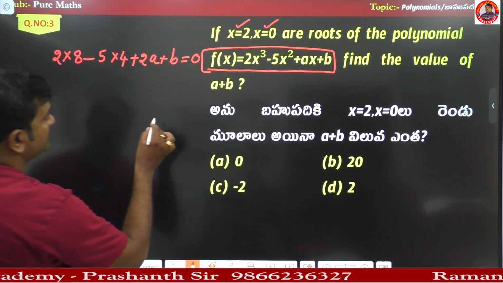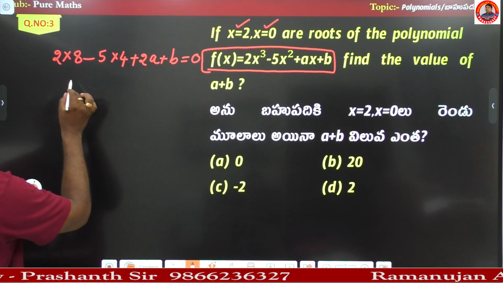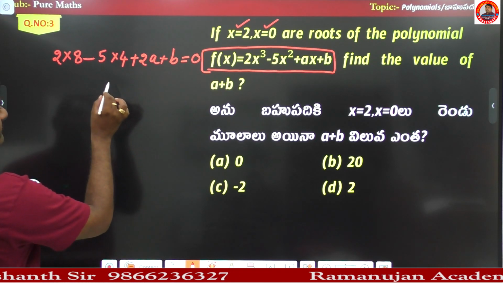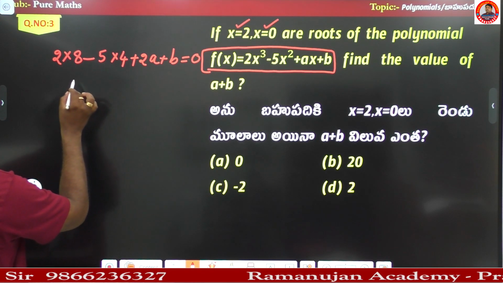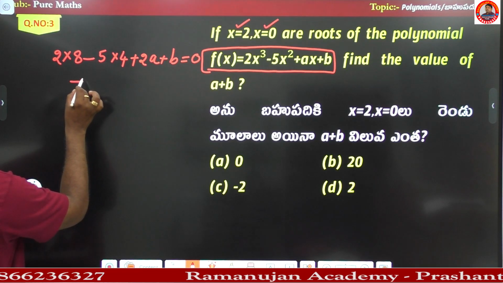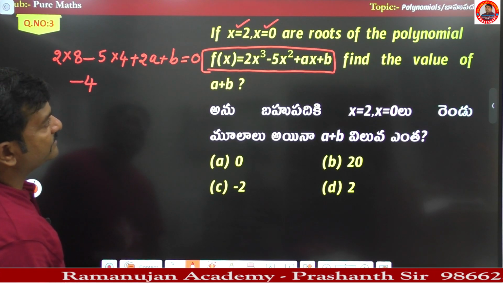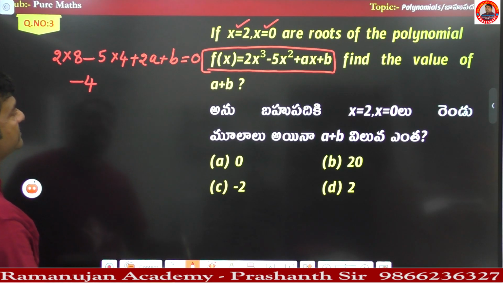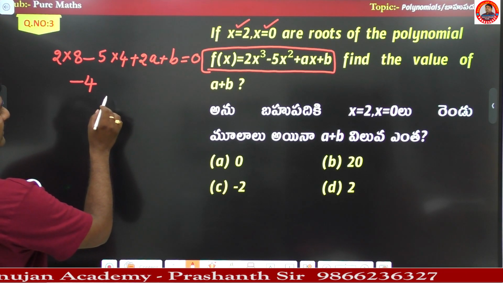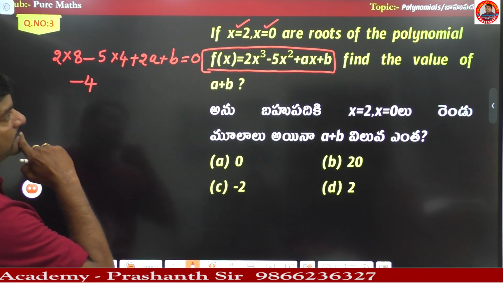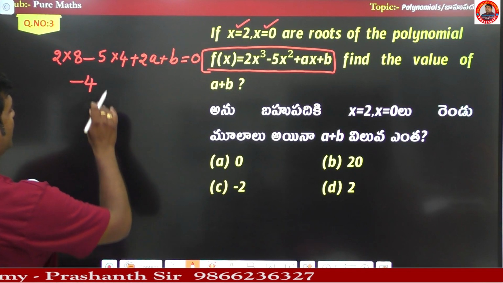This value must be equal to 0. 16 minus 20 means minus 4. I hope you understood what I am trying to convey. Minus 4, yes or no?